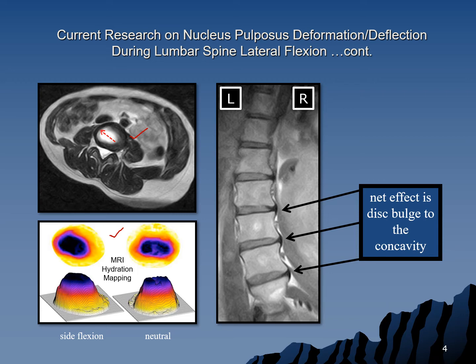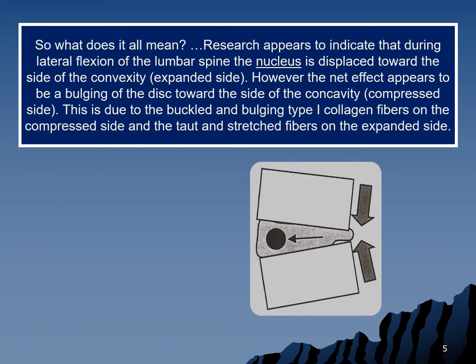So, interesting phenomenon. The disc itself as an entire entity is going to bulge into the concavity, but the nucleus is trying to make its way to the convexity, but it can't because the taut annular fibers are containing it.